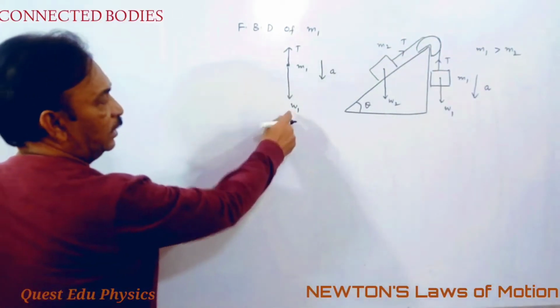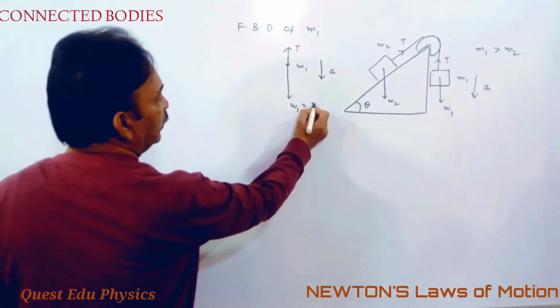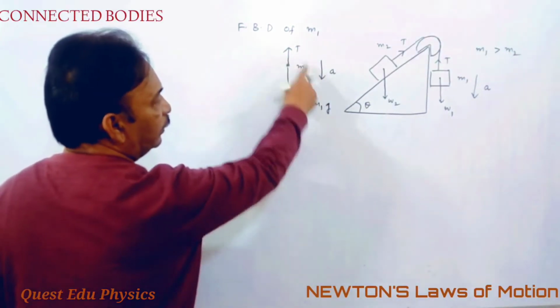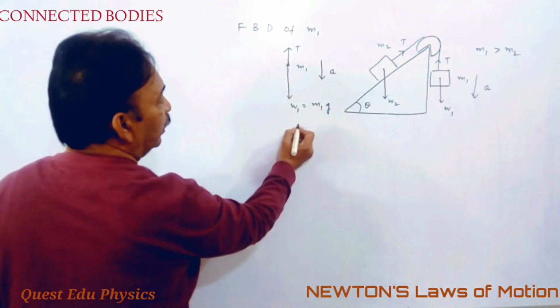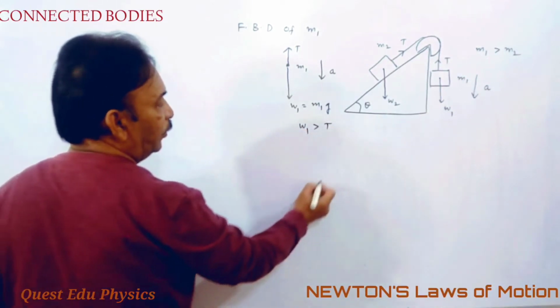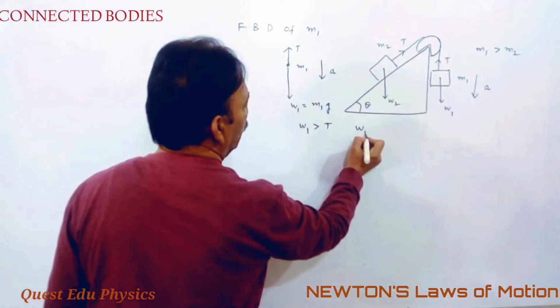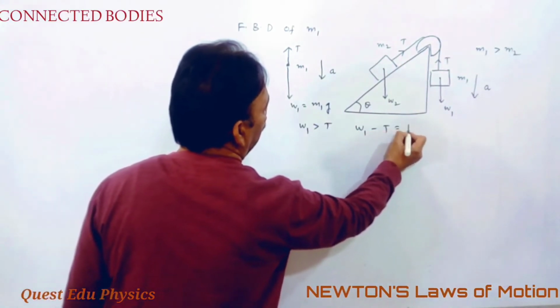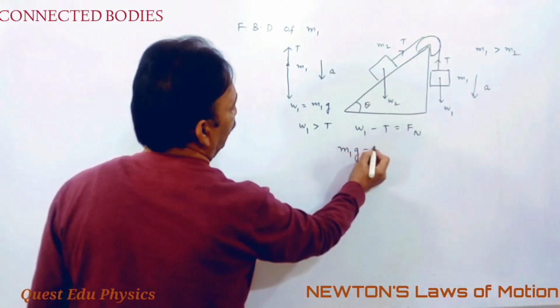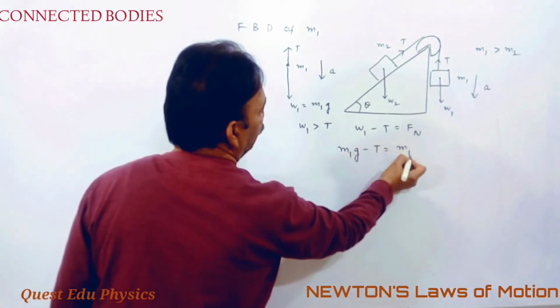Weight is providing the acceleration. And you know that weight is equal to M1G. And we are writing the relation between the two. We are finding the net force. That is here, W1 is greater than T. Then the difference between the two, W1 minus T, gives a net force. W1, it is M1G, minus T is equal to M1A.